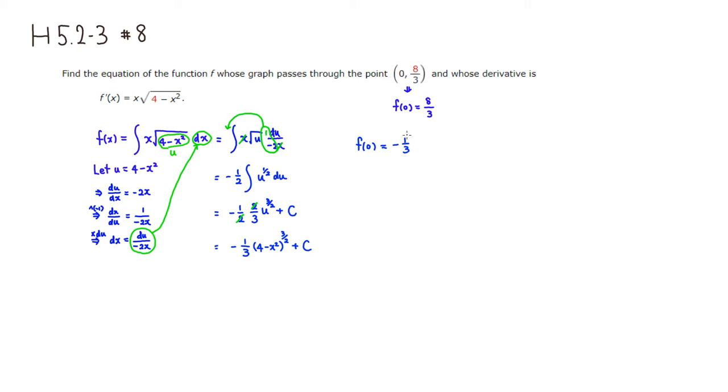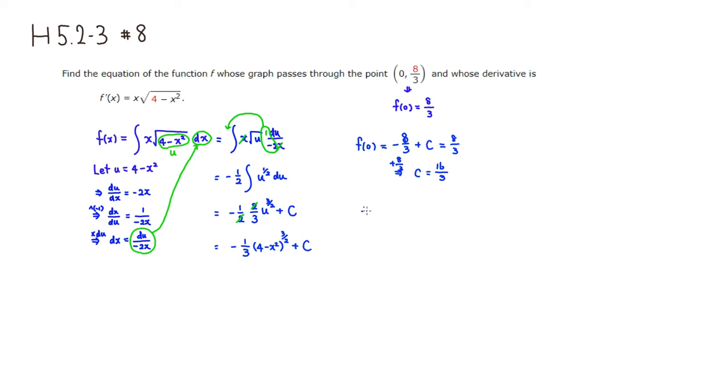So there's negative 8/3 plus c, and this is equal to 8/3. We can find c by simply adding, so c is equal to 8/3 plus 8/3, which is 16/3.